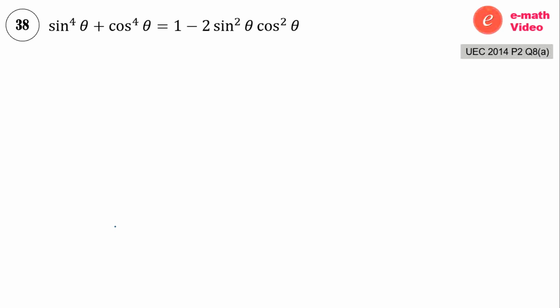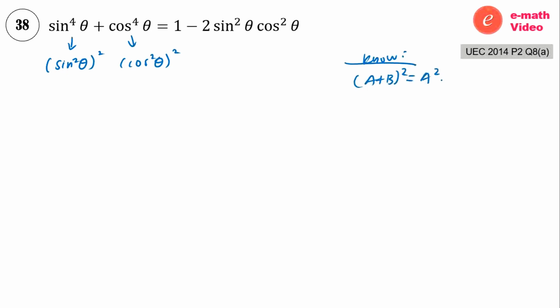38. Fourth degree again. Don't worry, I told you this is actually sin square theta squared, and this is actually cos square theta squared. And we know that a plus b squared equals a square plus 2ab plus b square. So if it is only a square plus b square, we move this one to the other side, equals a plus b squared minus 2ab.